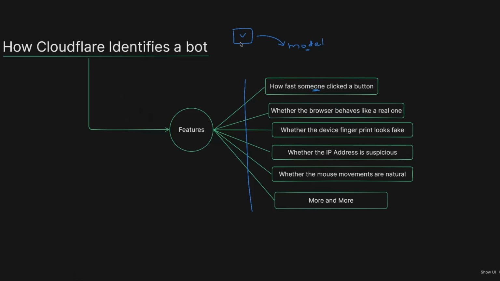They must have historical data with features like how fast someone clicked on a button, whether the browser looks like a real one, whether the device fingerprint looks fake, whether the IP address of the user is suspicious, even as simple as whether the mouse movement to click on the checkbox is natural or fake.